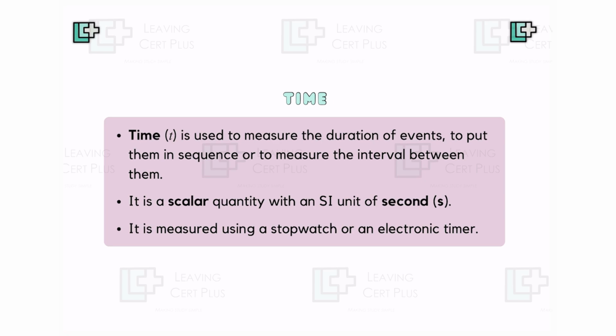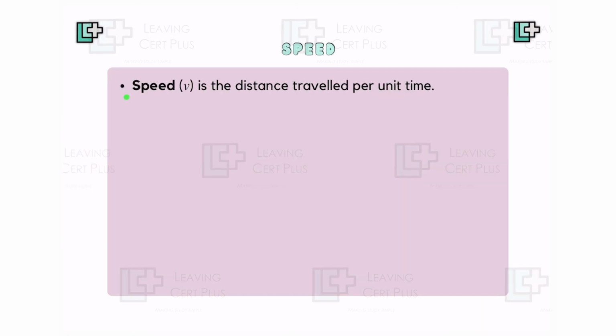When we combine length and time, we end up with a quantity called speed. We define speed, usually denoted with the letter v, as distance traveled per unit time, so distance per second.